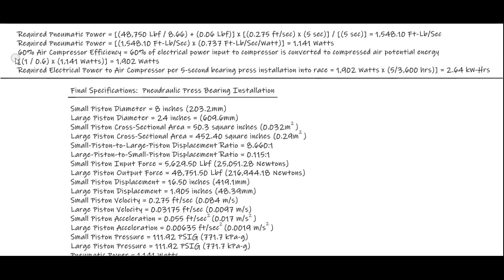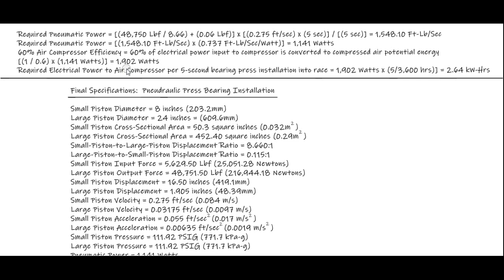So it is still a potential energy in the tank, but when it's released over all the different duty cycles until the compressor is recharged, the overall cycle efficiency, industry standard, is about 60%. So we could take the reciprocal, 1 over 0.6, multiply that times the pneumatic power to yield 1902 watts of electrical power, in this case AC electrical true power.